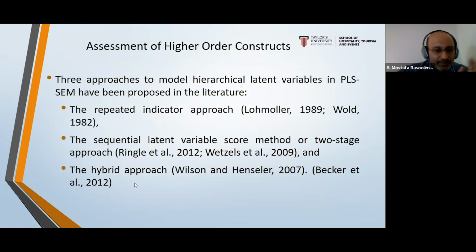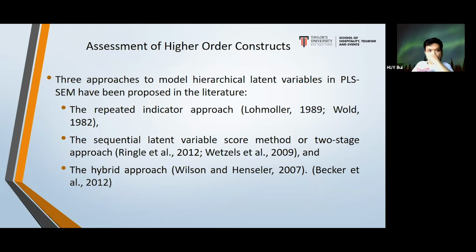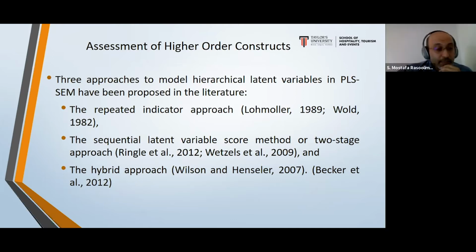So these are three methods: hybrid, two-stage, and repeated indicator. The most common approaches are repeated indicator and two-stage. And the best approach is two-stage, because repeated indicator also has some issues and difficulties.